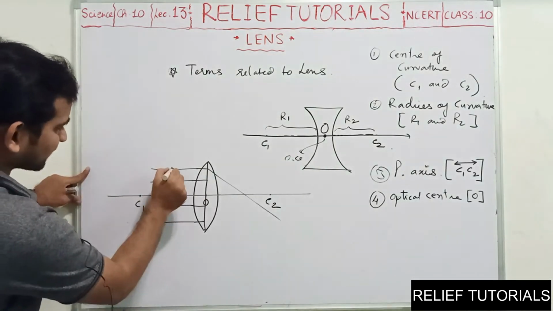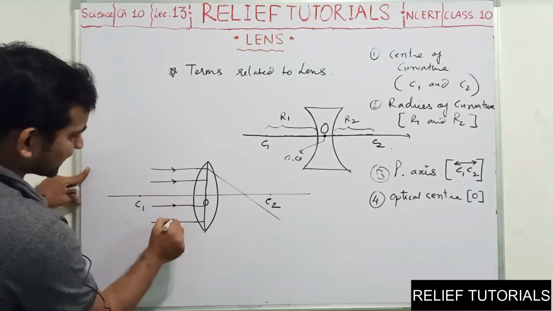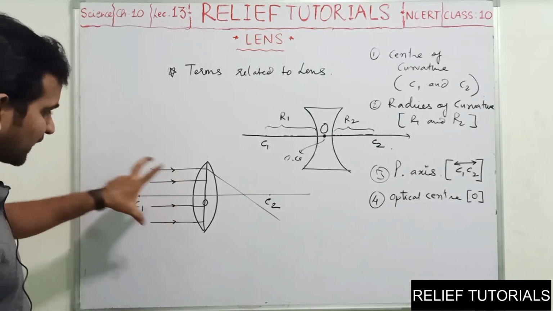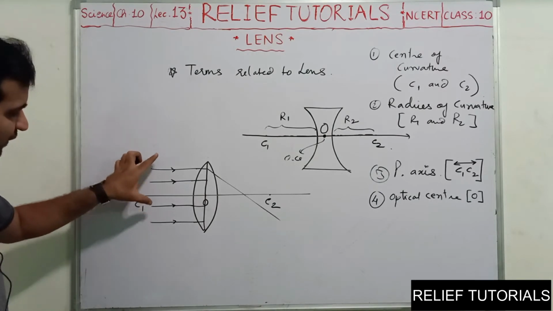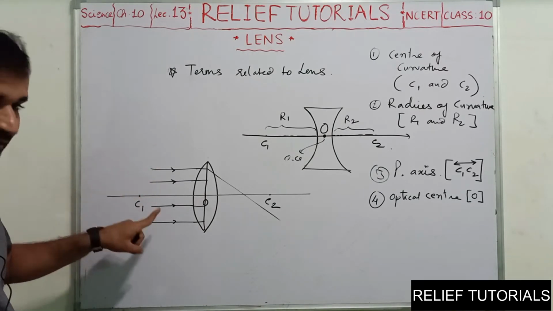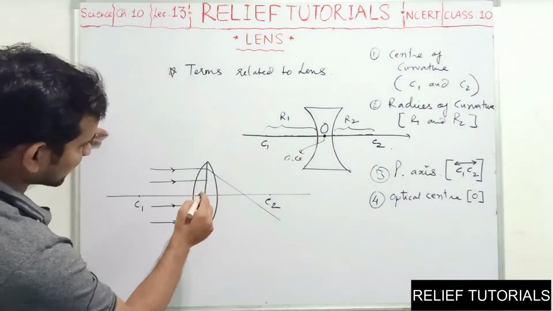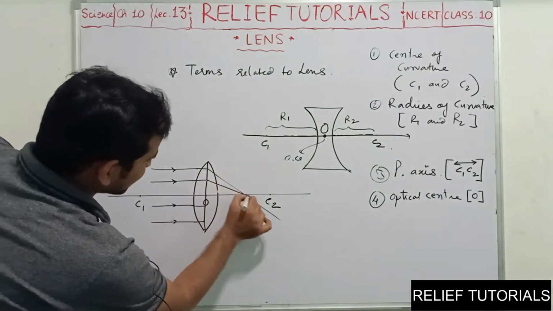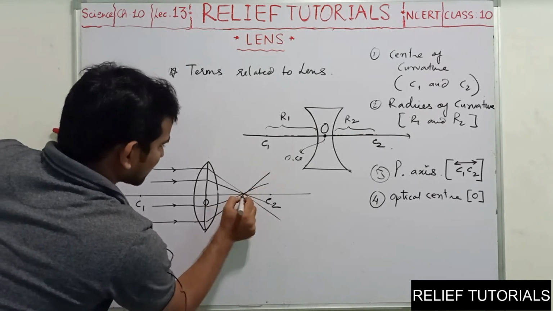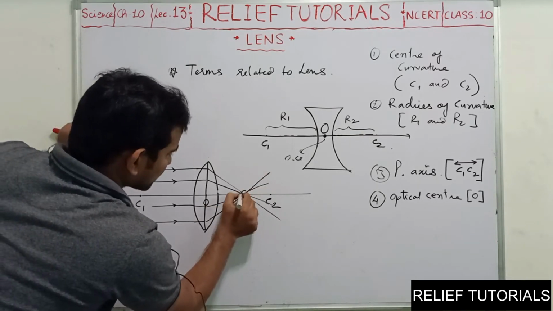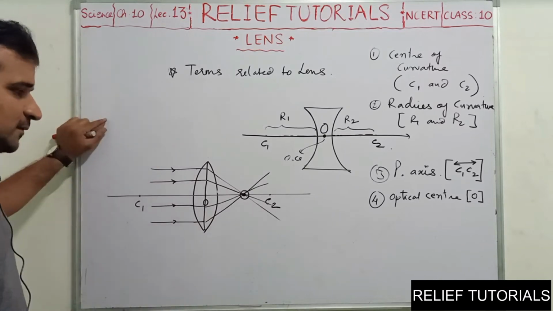Consider again, we have placed the object at infinite distance from the lens. So the rays coming from that infinitely distant object are always considered parallel to principal axis. The rays are refracting on the other side, and they are focusing at one common point on the principal axis.